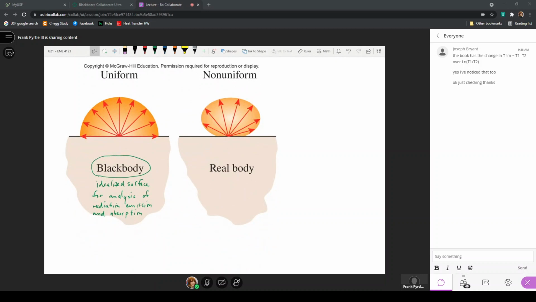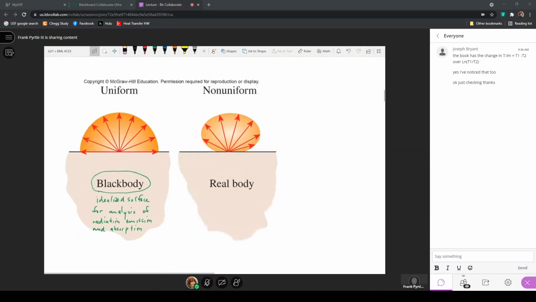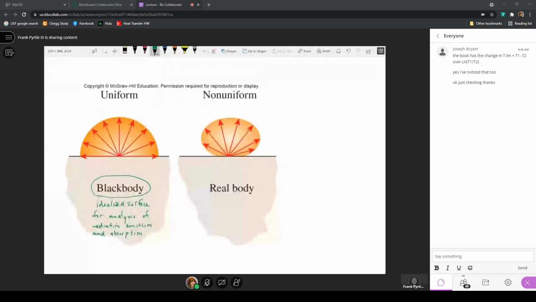And actually, I'll write that as a list in a second, but to pay particular attention to what's depicted here, notice if I'm measuring angles from 0 degrees to 90 degrees here, these red lines are an indication of the intensity of the emission from this surface.